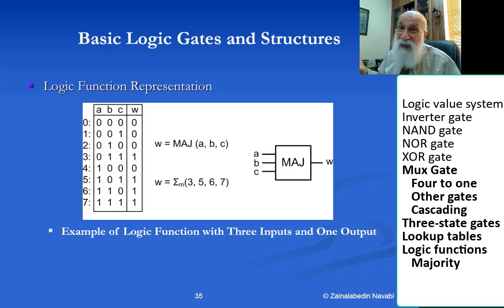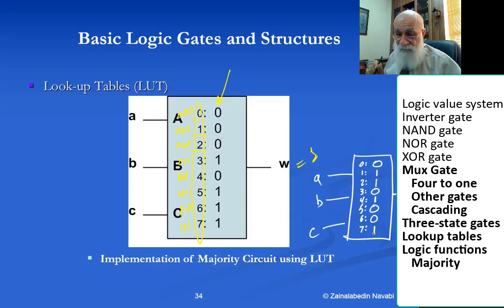Since I've already talked about an XOR, a MUX, a lookup table, let's also talk about another function which we call a majority function or a majority gate. A majority function, the output becomes a 1 when the majority of inputs are 1. Actually, if you go back and listen to what I said about this gate, I said if 2 or more of the inputs are 1. That means I have programmed this lookup table to function as a majority gate.